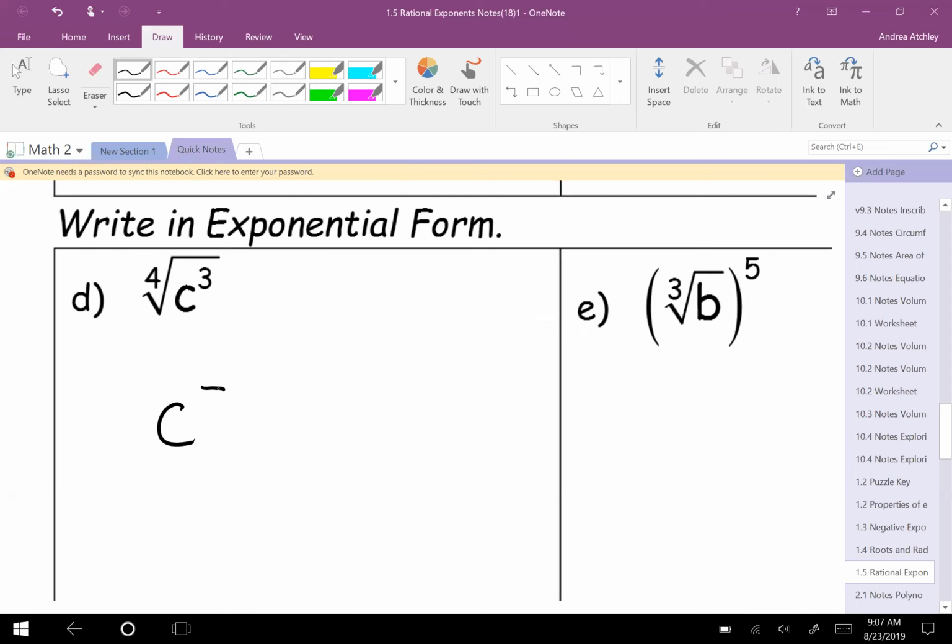Eric, what is the exponent here? 3. 3 is the exponent. So the exponent goes on top. Okay, so then Eric, what would the root be? 4. So C to the 3/4 power is how you would rewrite that.